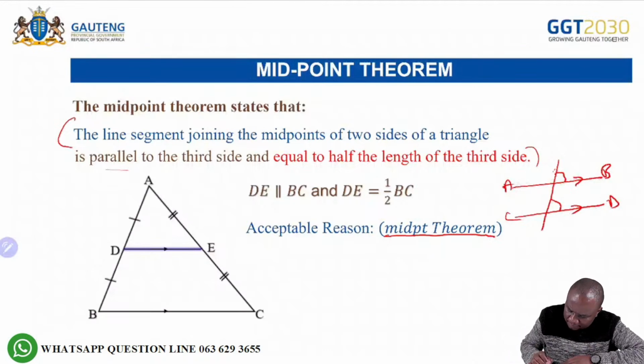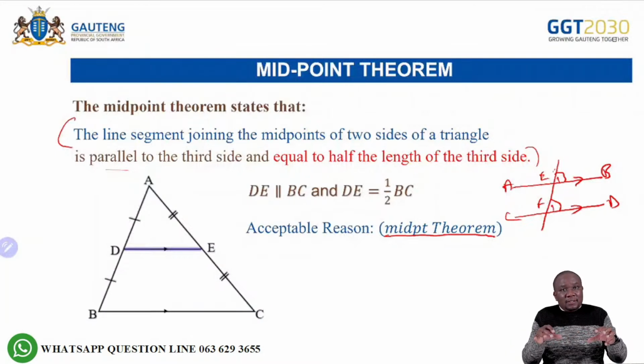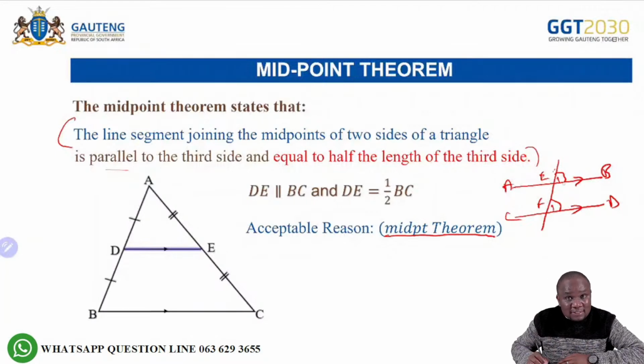Let me name them: A, B, C, D, E, F, E1, F1. What can you say about E1 and F1? They are equal, because these are alternate angles, because line AB is parallel to CD.